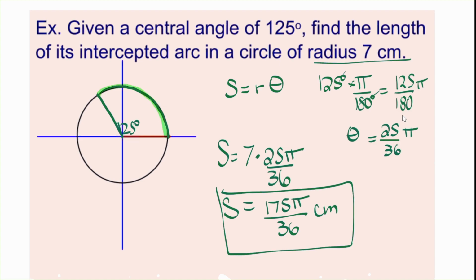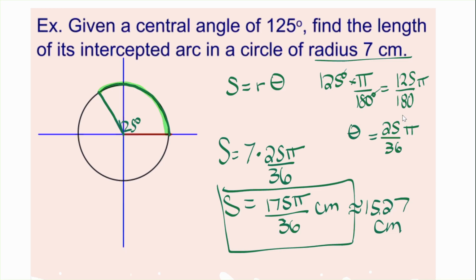I'm just going to calculate what it would be not in pi. It's approximately 15.27 centimeters. So that is the length of that green highlighted part. Either is acceptable, but if I'm doing a pure math problem, not set in a real life situation, leaving the pi makes it more exact.